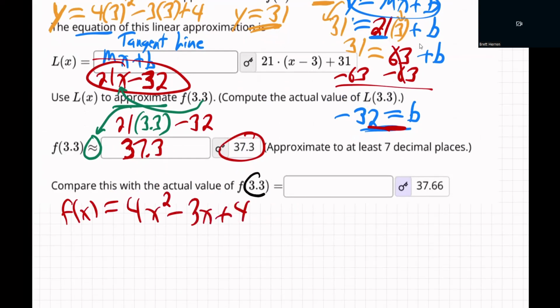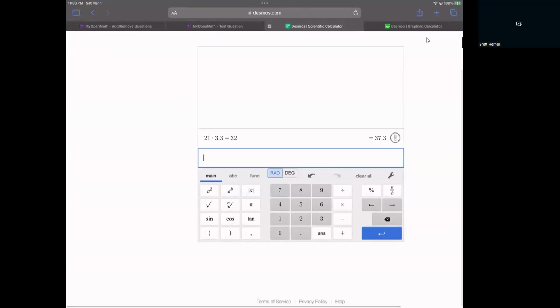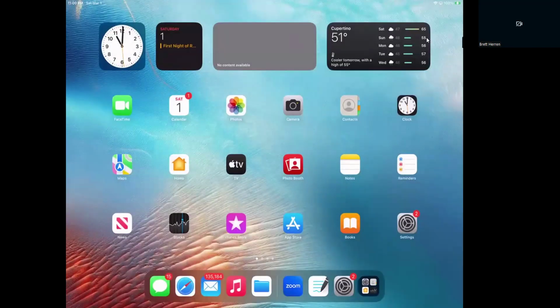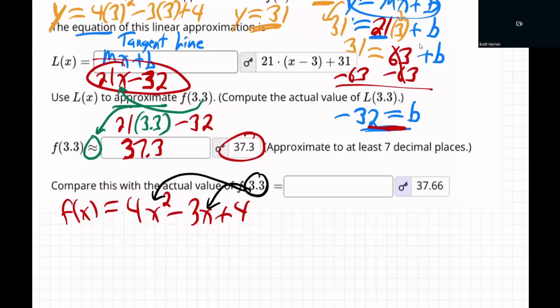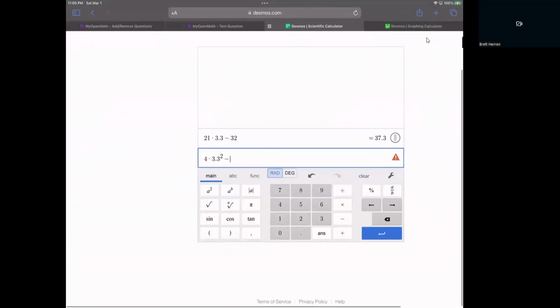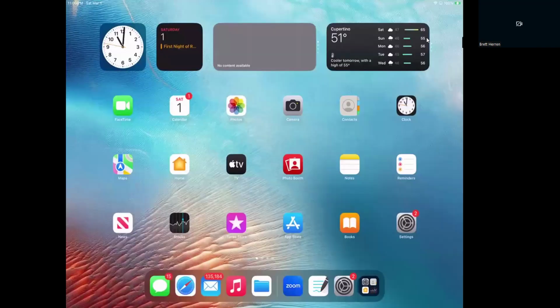Now I'm going to plug in 3.3: 4 times 3.3 squared minus 3 times 3.3 plus 4. I think it's plus 4. That's right, yeah, got it.